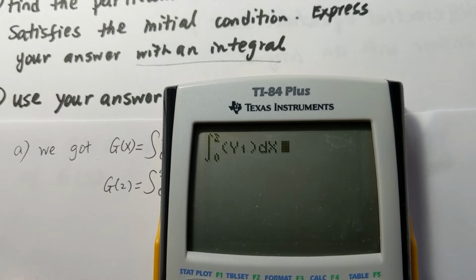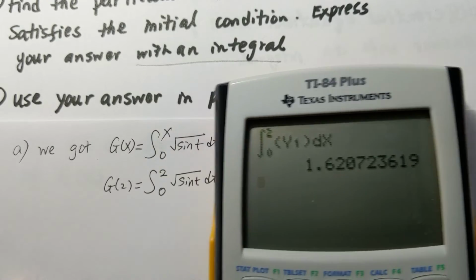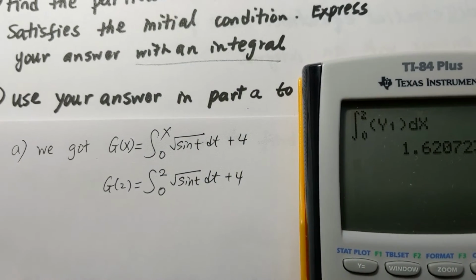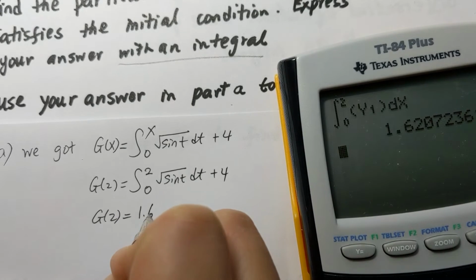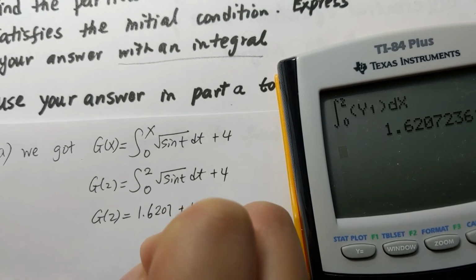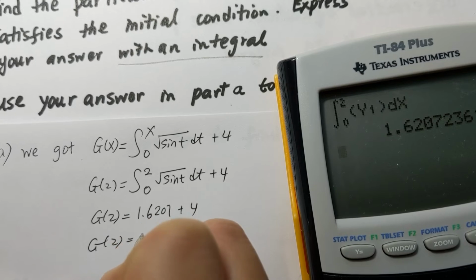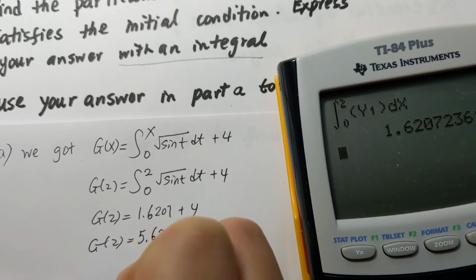This is going to be my integral, and press enter. So you got 1.6207. Don't forget to set radian mode. So we got g of 2 equal to 1.6207 plus 4. So g of 2 equal to 5.6207.